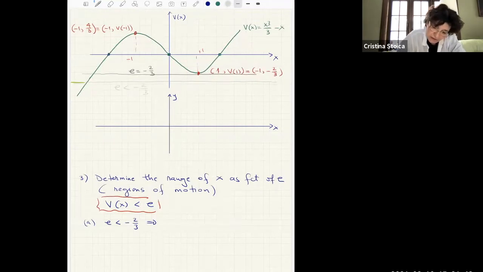Maybe I should do a different color. Okay, and that's the level of this kind of energy, and the light green is where I can be. So I can be only here. If I want to put this on the phase plane, I will have here a starting point, or an end point, and the only way I can go is this way. In other words, this guy comes and goes.